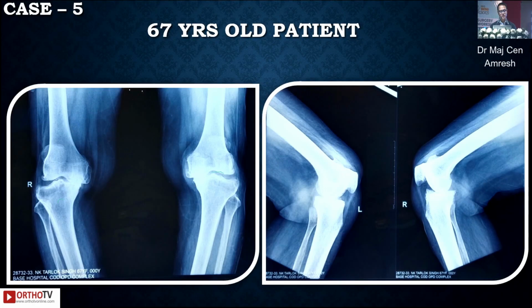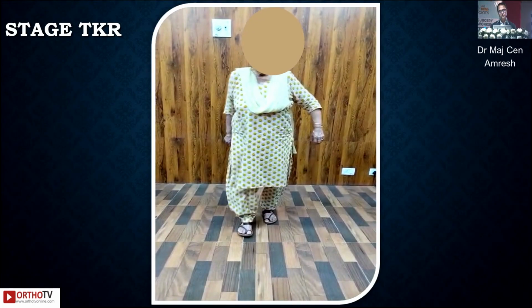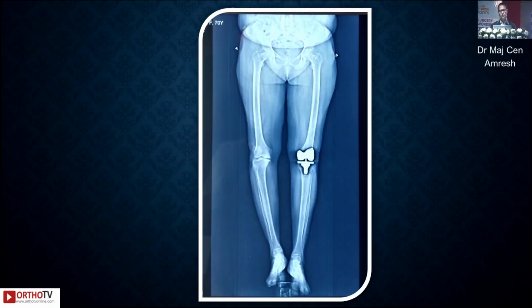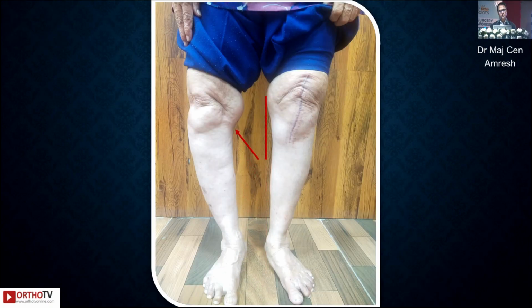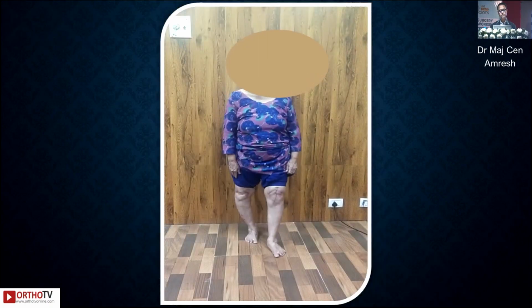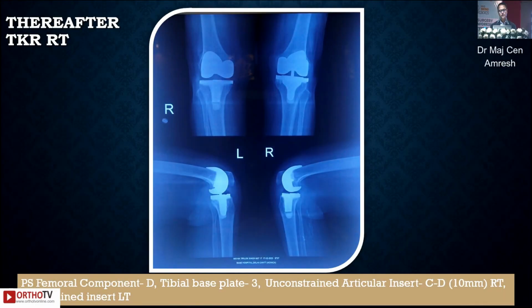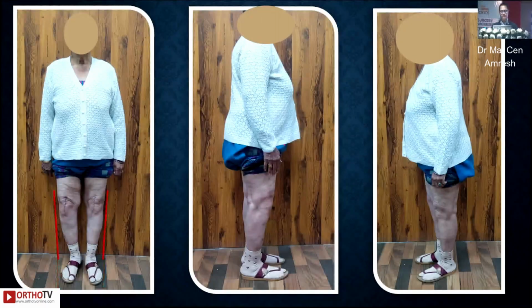Yet another patient, subluxed bilateral advanced arthritic knees. A constraint liner is all that is used. No stems, no wedges, no augments. The opposite side also done. On the opposite side, I had to use a constraint liner.